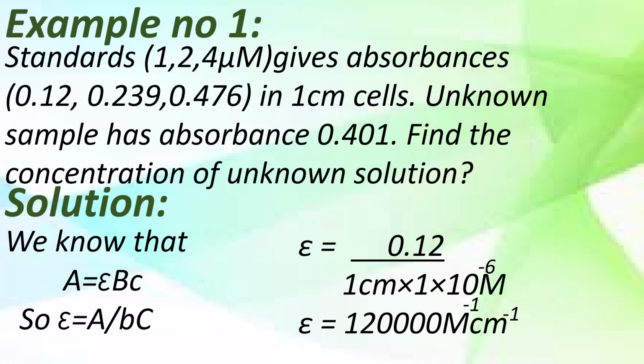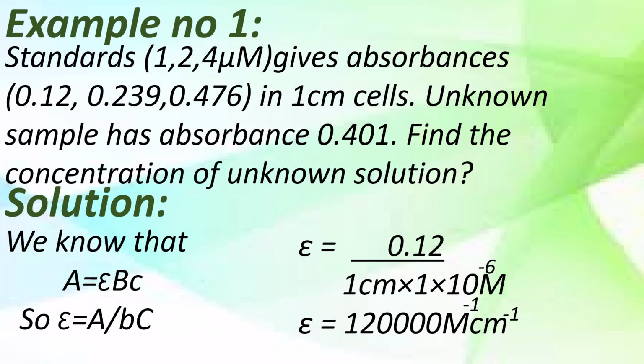So we have these standards of known concentration. Standards are samples that have known concentration, the 1, 2 and 4 micromolar. For 1 micromolar, absorbance is 0.12, for 2 micromolar 0.239, for 4 micromolar it's 0.476 in 1 centimeter cells.